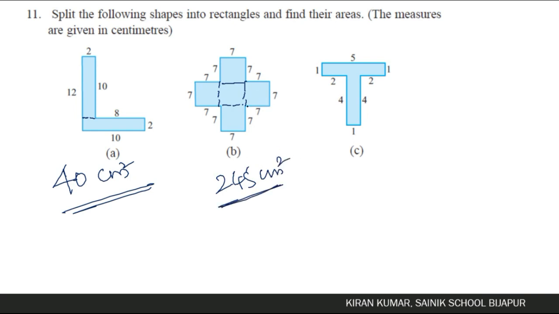Please check it out. Here what you can do is you can connect it in this way. 2 rectangles are there, and the area you may get as 9 centimeters square. Please try.